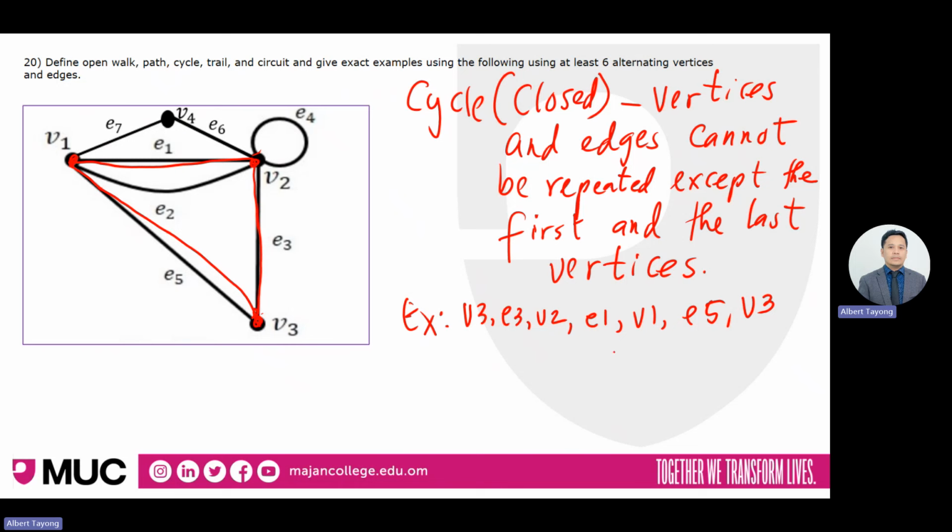So that is a cycle. Okay, except the first and the last. In between, we don't repeat. E3, E1, V2, V1, E5. That is a cycle. Okay, so it's closed. Vertices and edges cannot be repeated except the first and the last vertices.